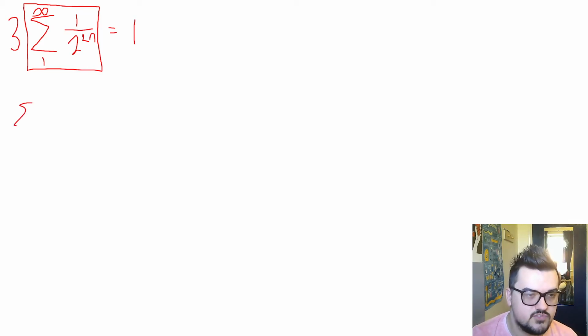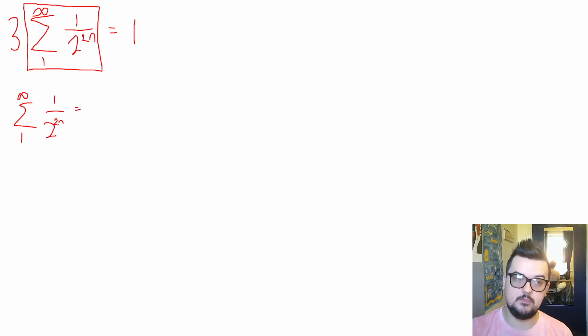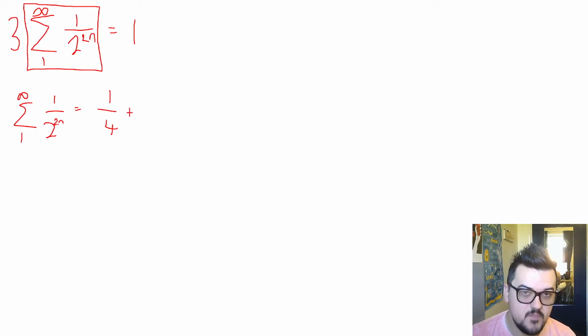So we want the sum of these numbers, 1 over 2 to the 2n. Now let's just plug in the first few numbers. So when n is 1, we have 1 over 2 to the power of 2, which is 4, so we have 1 over 4. Plus, when n is 2, 2 times 2 is 4, 2 to the power of 4 is 16, so we go 1 over 16.